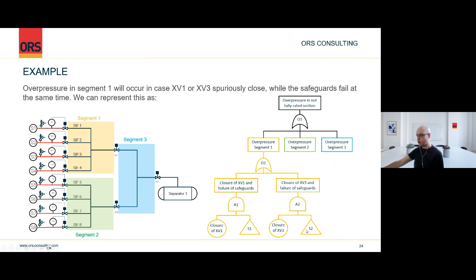Note that I called this different to that because in S1, it's the safety instrumented functions and the PSVs for sources 1 to 4, while for S2, it's going to be the safety instrumented functions 1 to 8 and PSVs 1 to 8 as well that need to fail. Any of them need to fail, and I get the overpressure event.